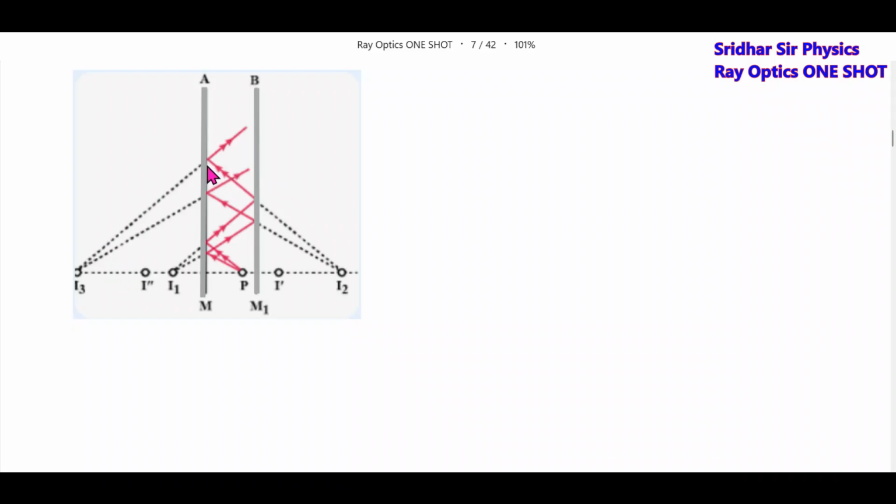Similarly, I3 will become the object and it will form I4. I4 will form the image I5. Similarly, what about rays incident first on mirror B? It will form the image I dash. Then this I dash will become the object and form I double dash, and I double dash will become the object for the other mirror. Then we can trace out the images here. Like this, if they're very large plane mirrors, infinite images. If they are finite, then some finite images will be formed.